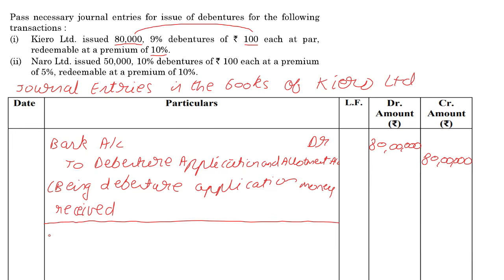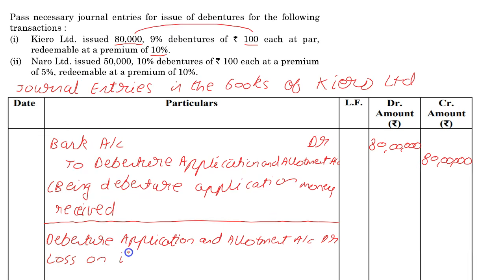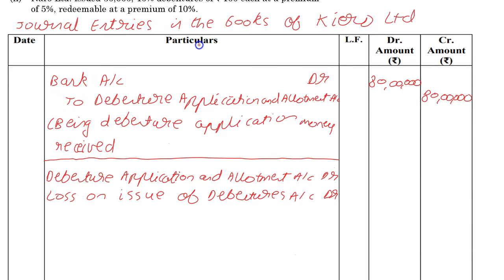So first of all, debenture application and allotment account debit, loss on issue of debentures account debit, and we will credit 9% debentures and premium on redemption.